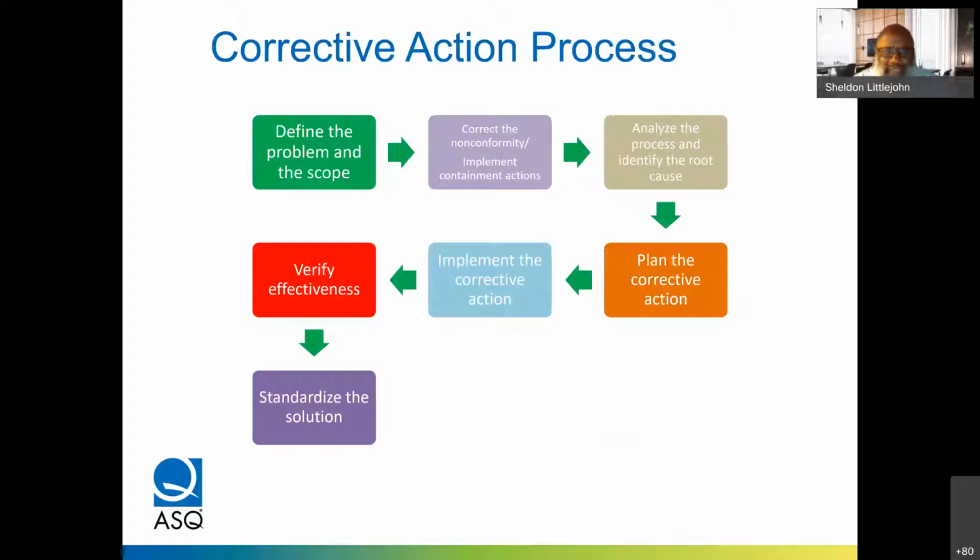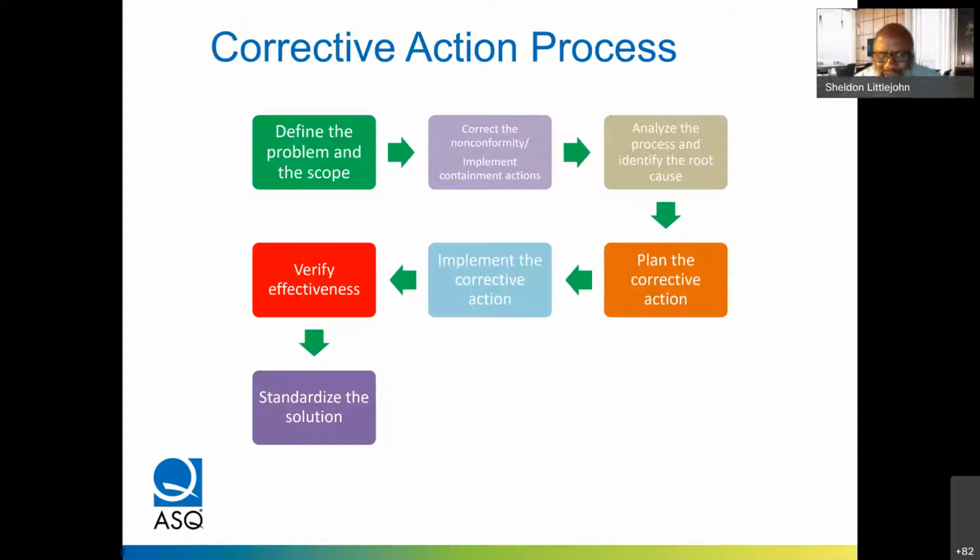Then we'll move on to look at correcting the issue and putting containment actions in place. We'll then go on to analyzing the process that you have in place and looking to see why the issue occurred, why we had that non-conformance, identify the root cause or the source of that problem. Next is to plan the corrective action, implement your corrective action.